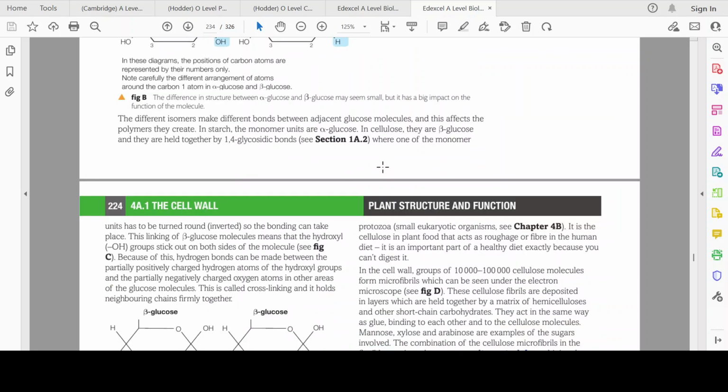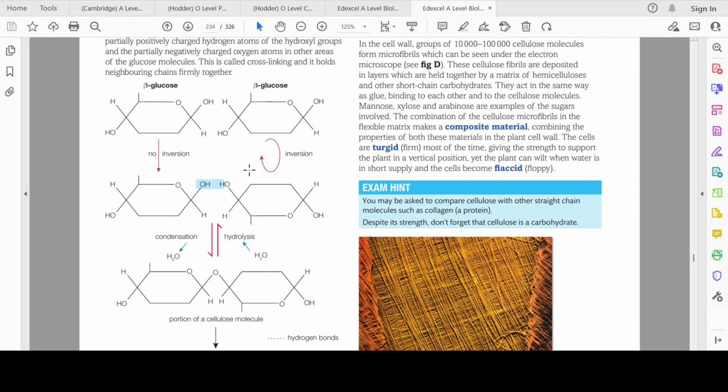And so what's happening in cellulose is you have a polymer of beta glucose, but every other beta glucose molecule is sort of inverted, right? So you've got this one that's the right way up, as it should be, and the second one is flipped 180 degrees around the x-axis.